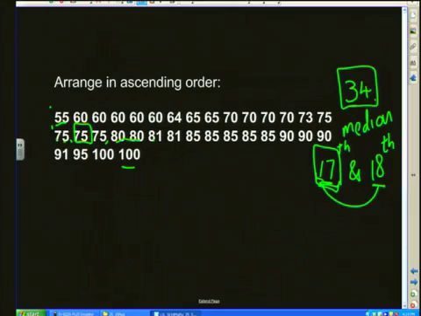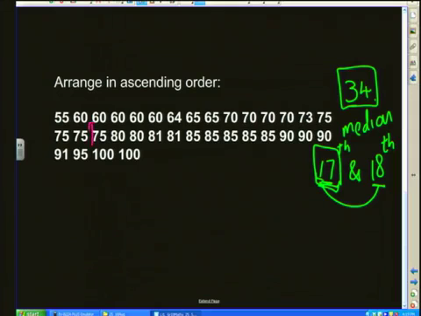So we count, we've got 34. When you get to this point here, 75, that's your second 75, that's your 17th value. The 75 next to it will be your 18th value. So our median sits somewhere in between those two values.